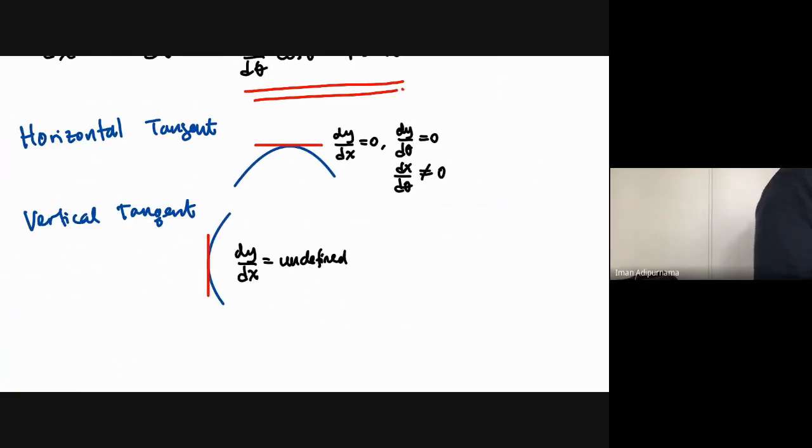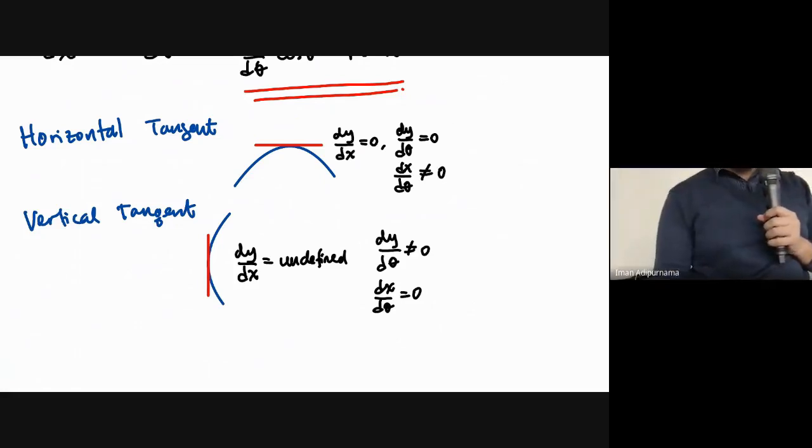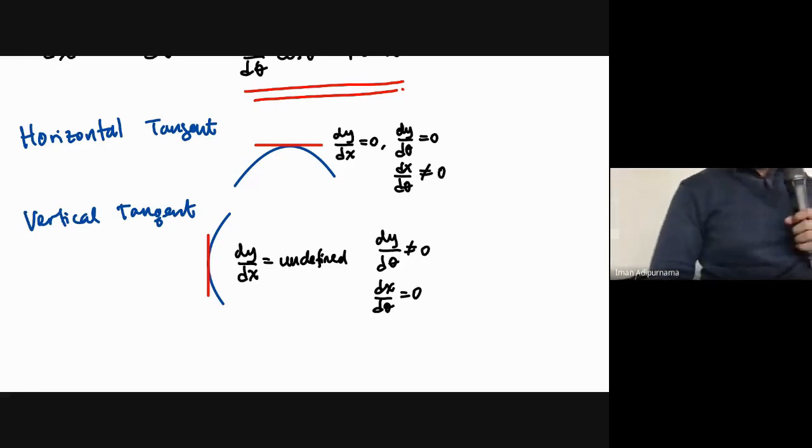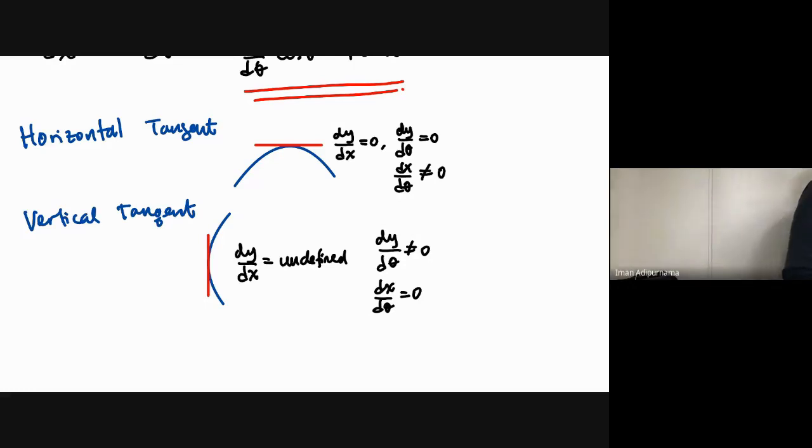So dy over d theta is not 0, but dx over d theta is 0. Okay. Any questions?